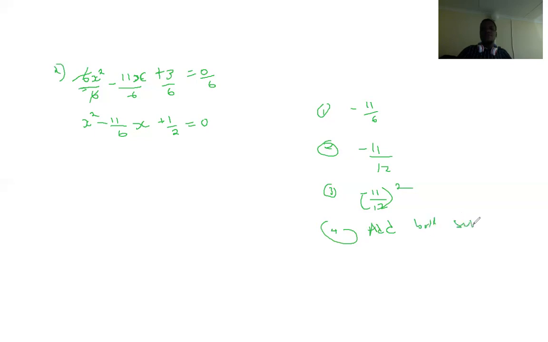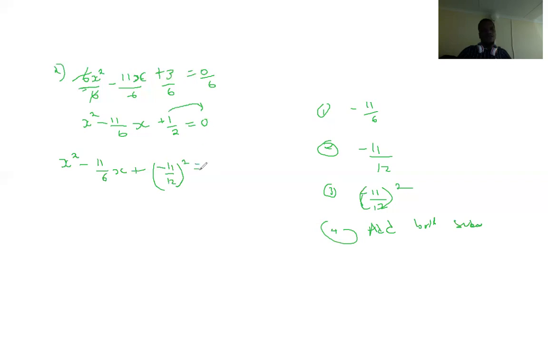So we add it to both sides. Remember, x squared minus 11 over 6x. And then just after this, you are going to add this guy here. It is a negative, so it's negative 11 over 12 squared. Some people can even choose to take this one already to the other side.